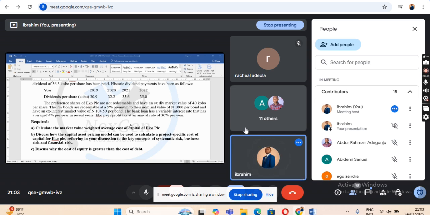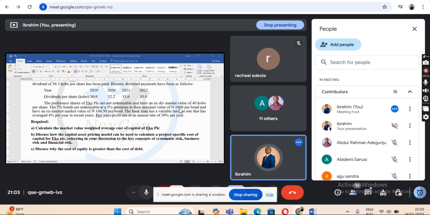Class, don't forget that in our previous lecture, I explained that redemption can be at par, which is 100 or 1,000, right? Your nominal value could be 100 or 1,000. Your redemption could be at premium or at discount. Class, you can see the nominal value of the bond is 1,000. When there is a premium, it means that the redemption will be above the nominal value.